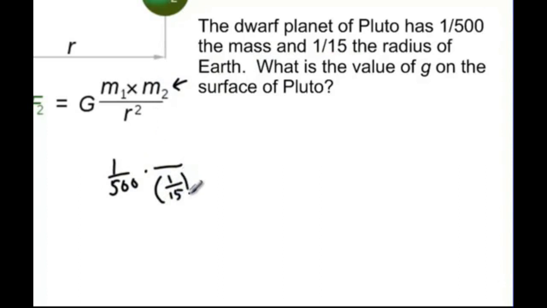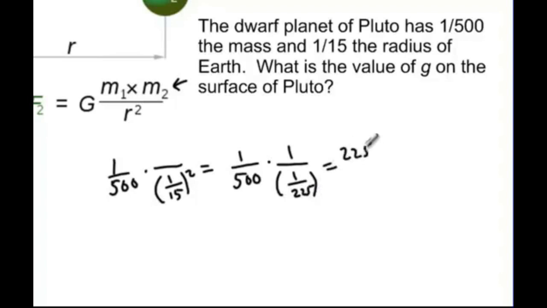And we're putting in 1/15th. And what are we going to do to that value? We're going to square it, because the radius is going to be squared. We still have 1/500th from the top, because that's proportional. But 1/15th squared ends up being 1/225. And what happens when we have a denominator on the denominator? It comes up to the numerator.